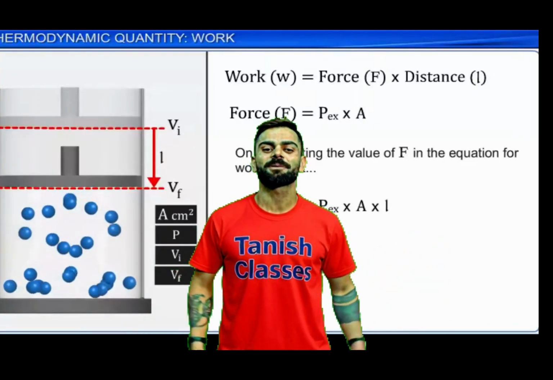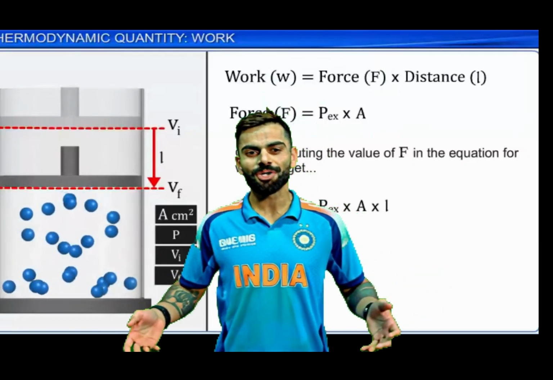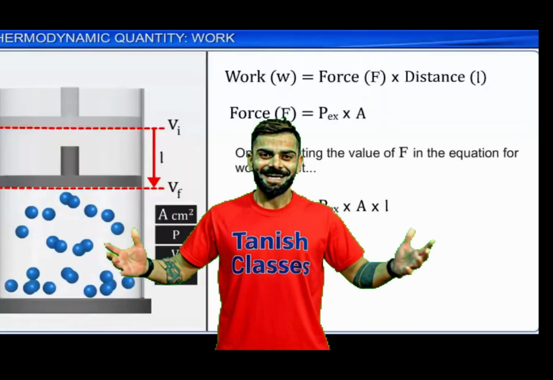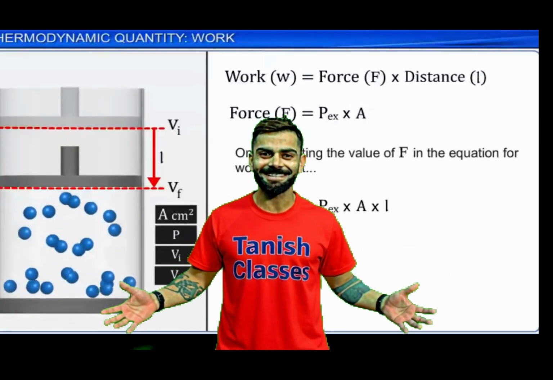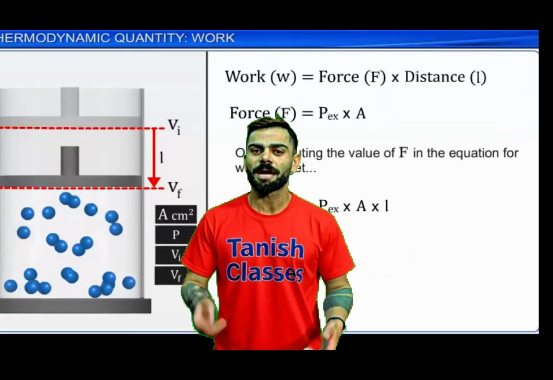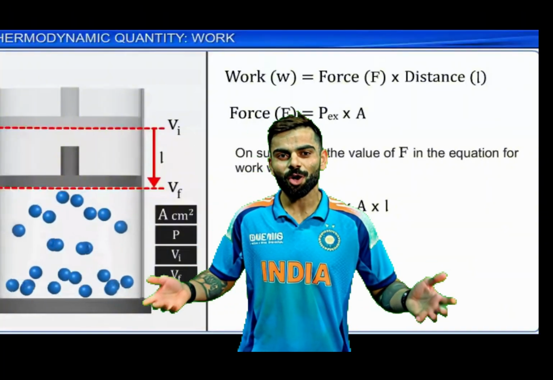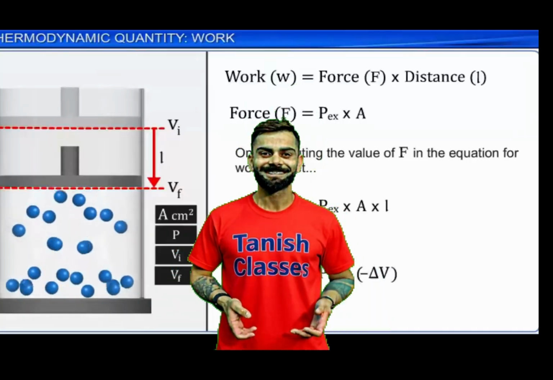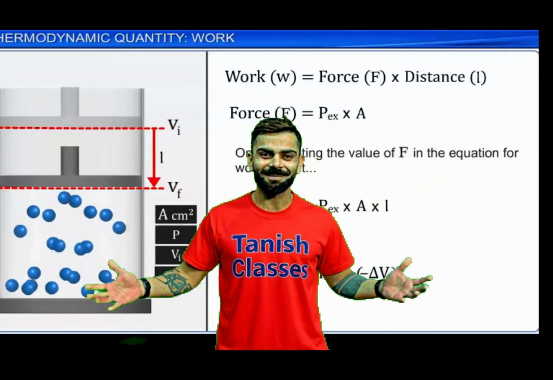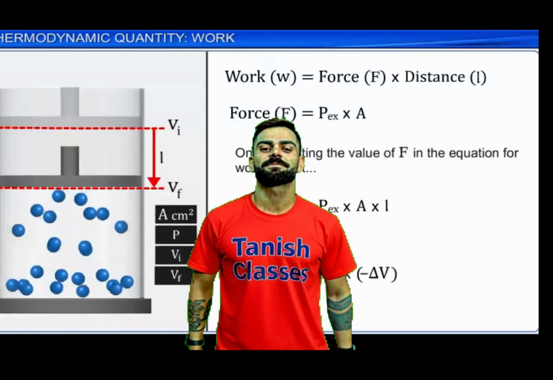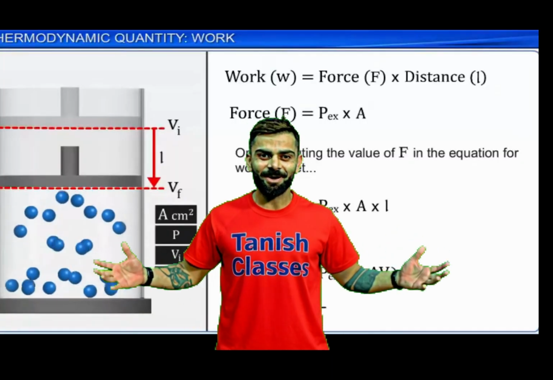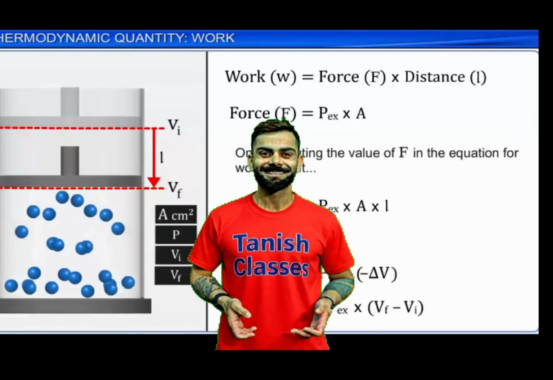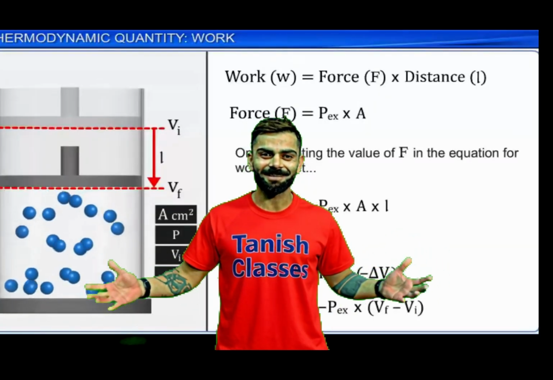But distance L multiplied by area A gives change in volume delta V. On substituting, we get work equals external pressure Pex multiplied by minus change in volume delta V. That is, work is equal to minus external pressure Pex multiplied by final volume Vf minus initial volume Vi.